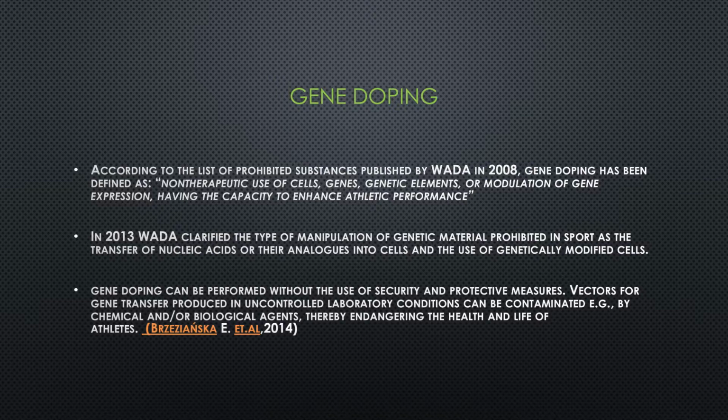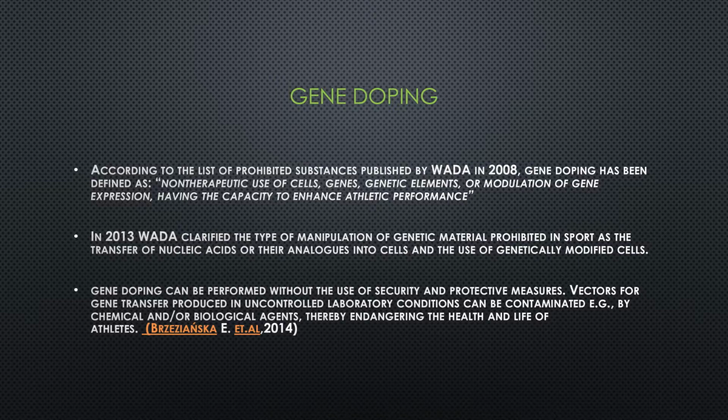In terms of gene doping, according to the list of prohibited substances published by WADA in 2008, gene doping has been defined as the non-therapeutic use of cells, genes, genetic elements, or modulation of gene expression having the capacity to enhance athletic performance. In 2013, WADA clarified the type of manipulation of genetic material prohibited in sport as the transfer of nucleic acids or their analogs into cells and the use of genetically modified cells.